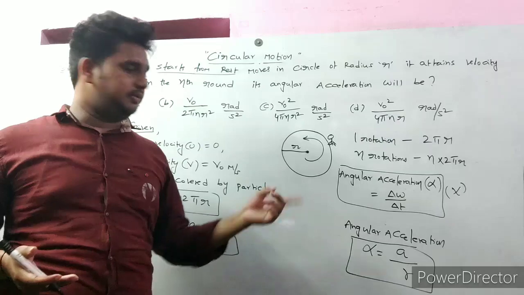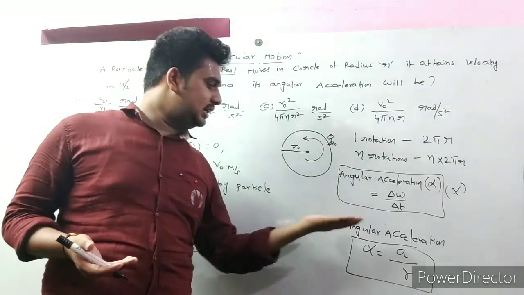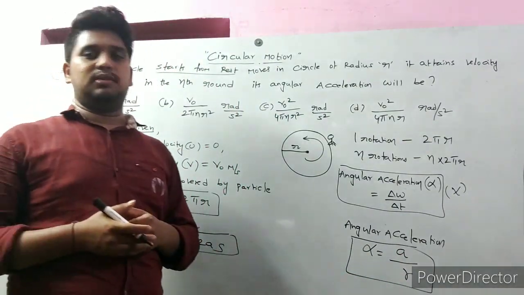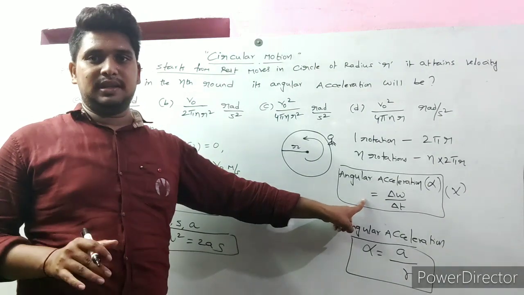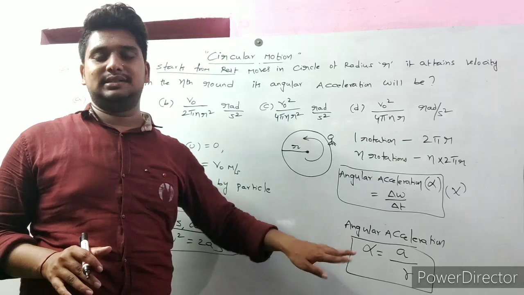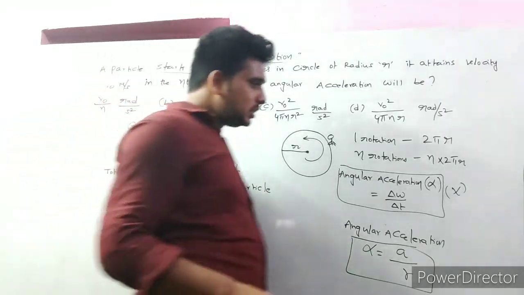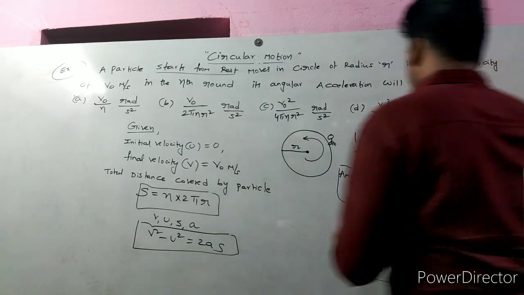For angular acceleration, one formula is change in velocity by change in time, and another is linear acceleration by radius. The first formula is not applicable, so we apply the second formula, which is the only one applicable according to the given parameters. Right, so now we need to apply the concept here.